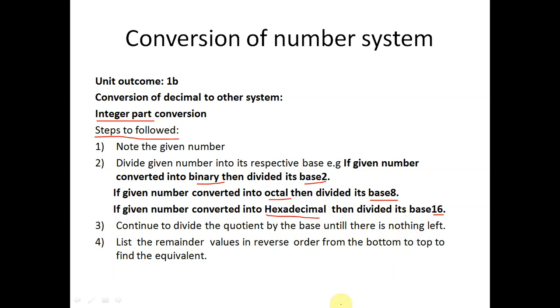This division procedure is repeated again and again until there is nothing left. Fourth step is to list the remainder values in reverse order from the bottom to top and find the equivalent.